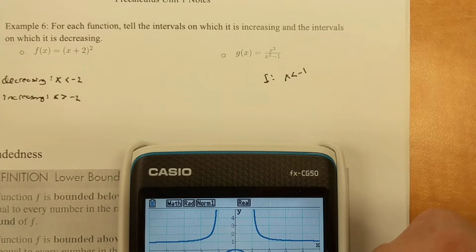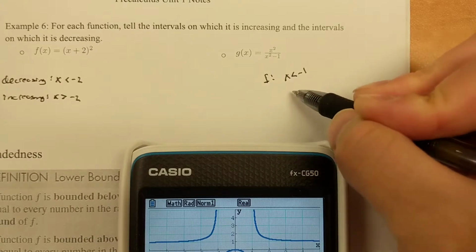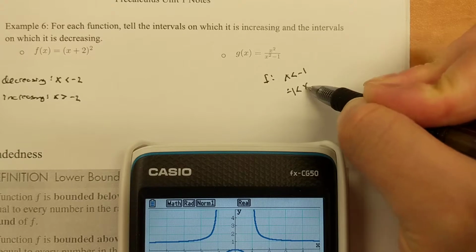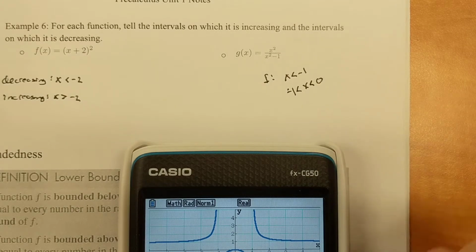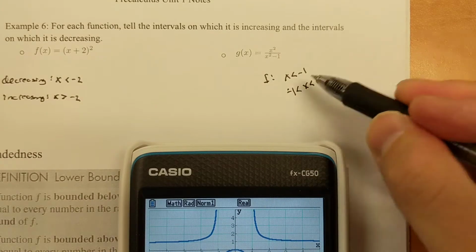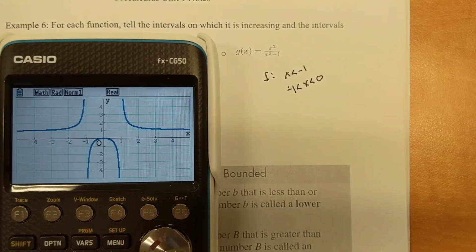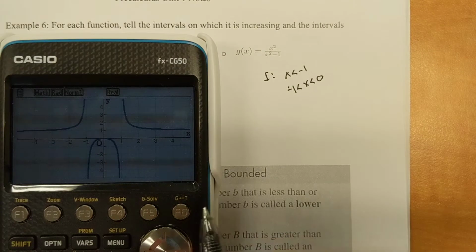And then I have this piece here, which is also increasing, but that's between -1 and 0. If you notice, I can't combine them because the graph breaks, so I can't just hook these two things together and call it just x less than 0.